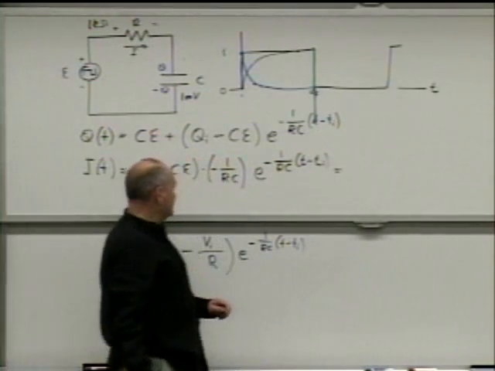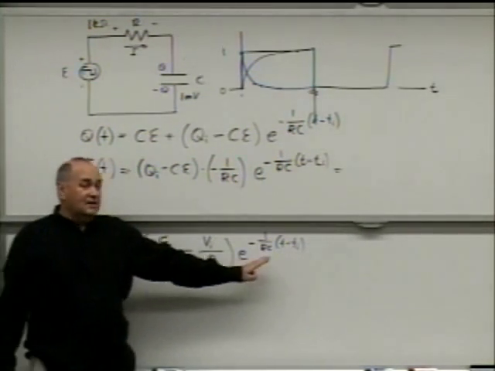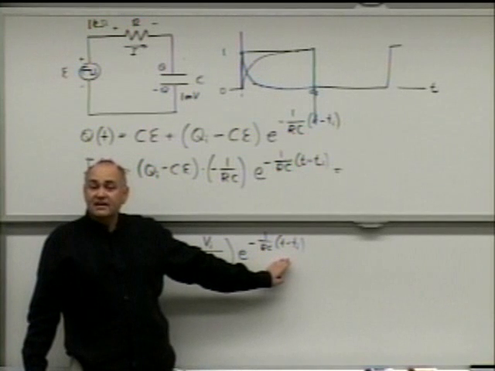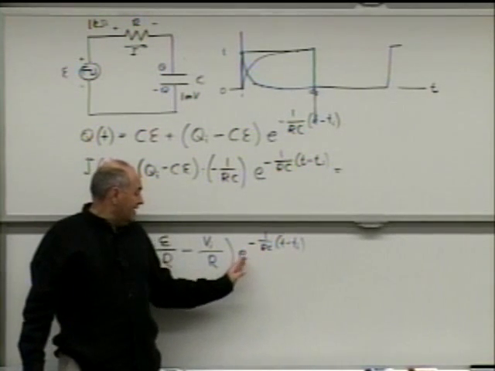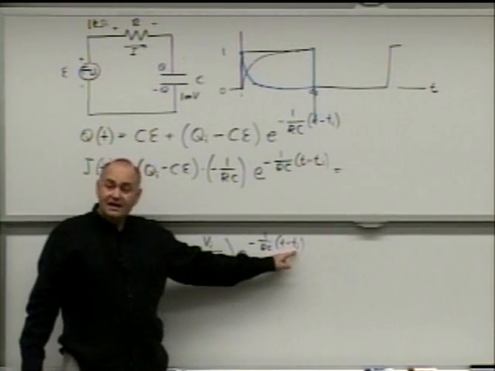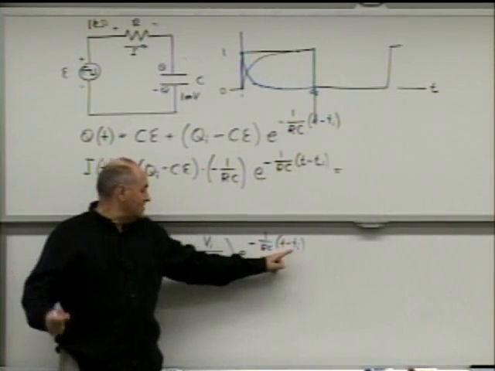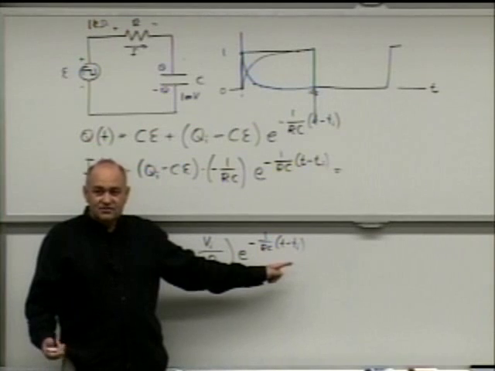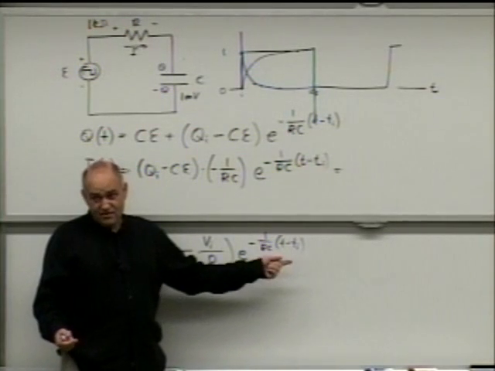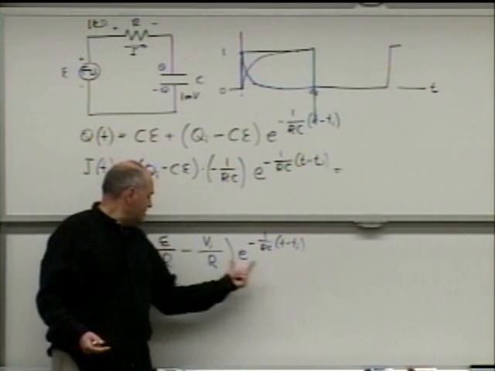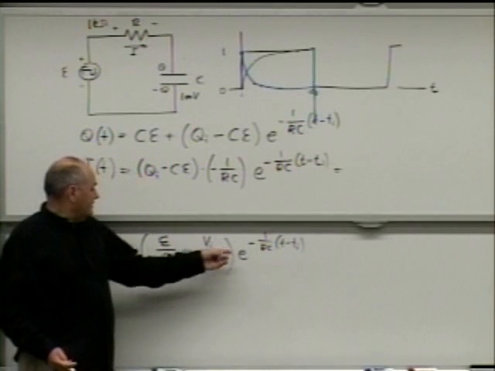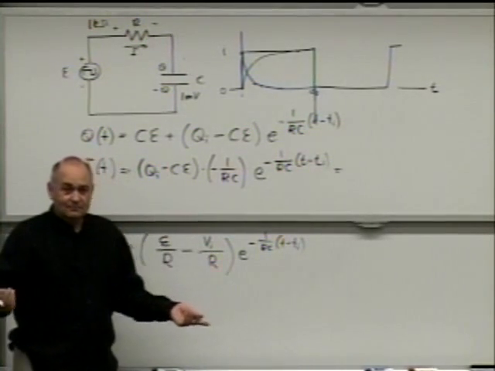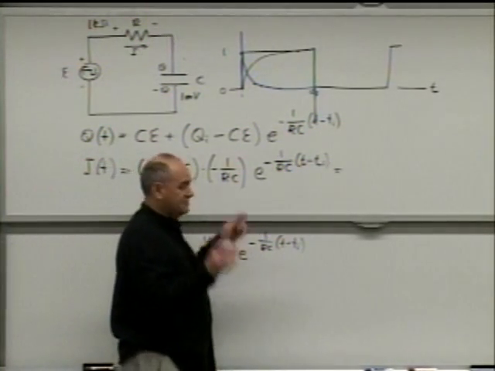And then what happens as time passes by? What will happen at the 11th second? We will have T minus Ti will be 1 second. So here we will have e to negative 1. So it will be about 1/3, right? 1/3. So the current kind of drops.